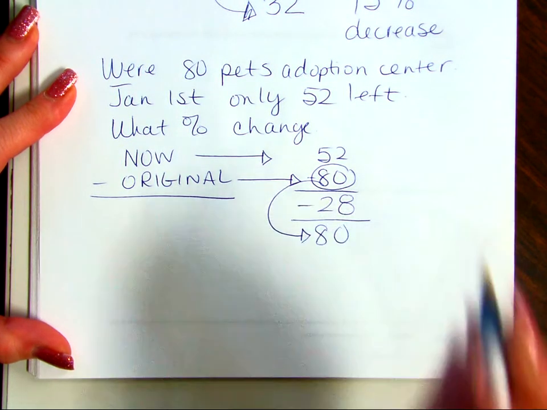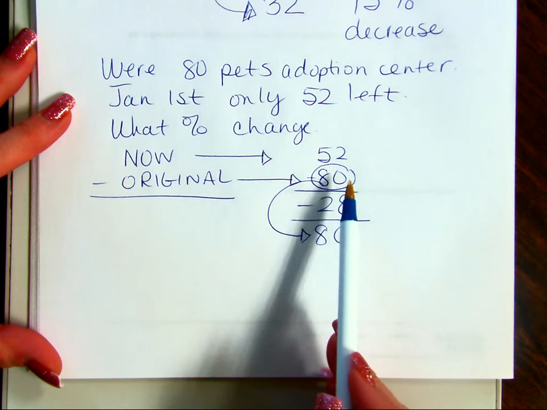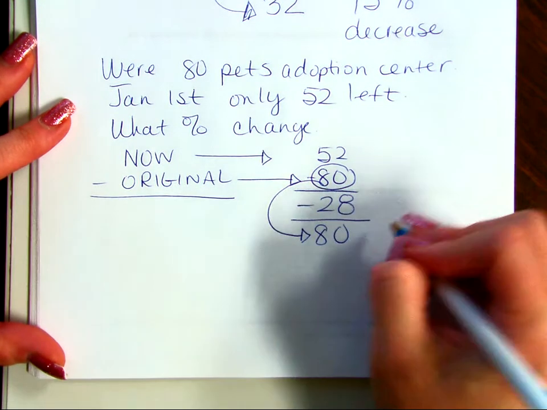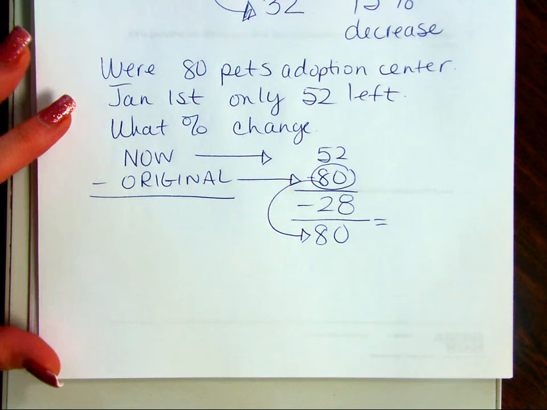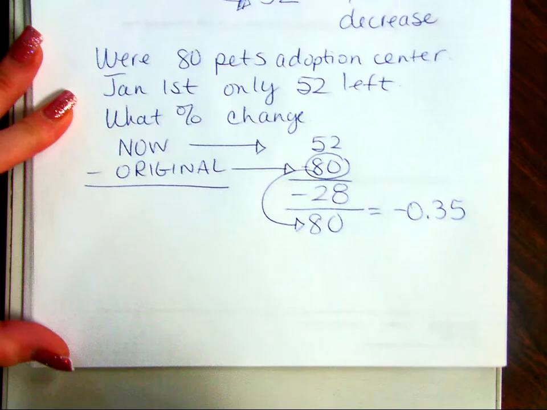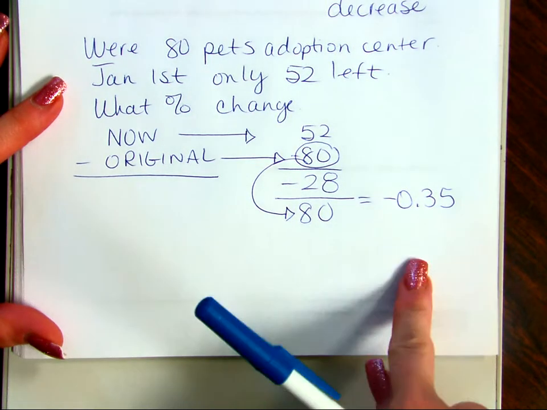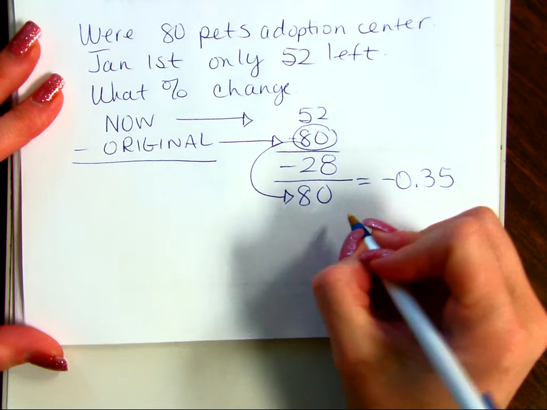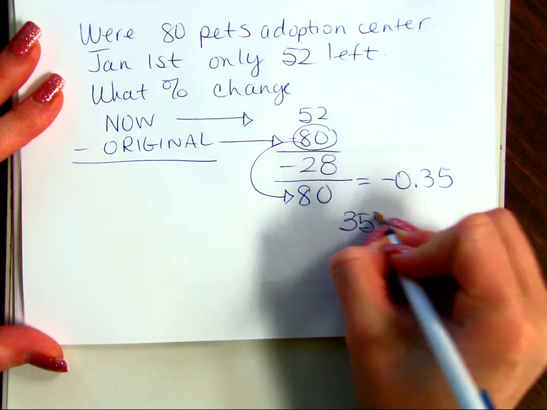Is everybody okay with that? So it's always divided by the original. And then as soon as you figure out that, doesn't this pop up on your calculator screen? What does that mean I write? Good. 35% decrease.